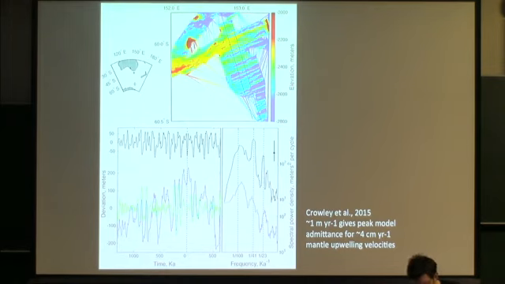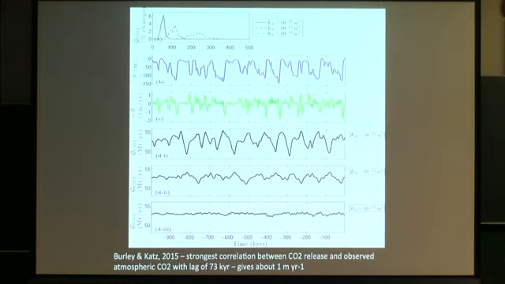And Burley and Katz were looking at the response of CO2 release from the mid-ocean ridge system. If you change the melt production in response to changing sea level loading, that's going to eventually be reflected in a change in the magma flux in the shallow parts of the mid-ocean ridge system, which may then be reflected in changing magmatic CO2 fluxes into the oceans, which is again a very interesting idea.